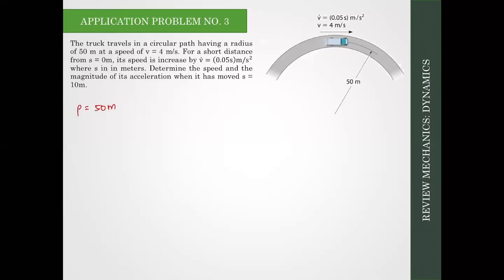So this will be V squared over 2, from 4 to V, is equals to 0.05 s squared over 2 from 0 to 10. Okay. Simplifying this one, we have V squared over 2 minus 16 over 2 is equals to 0.025 times 10 squared.